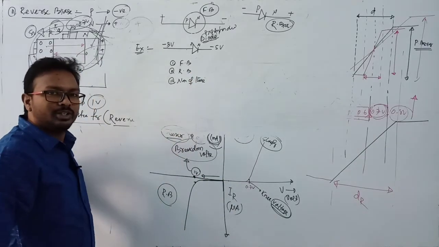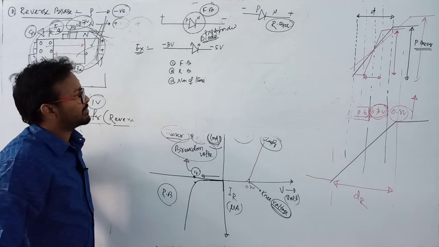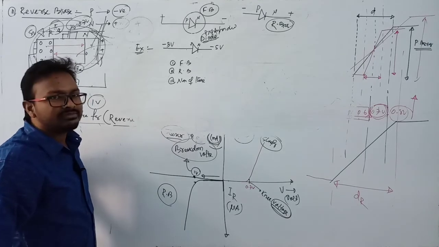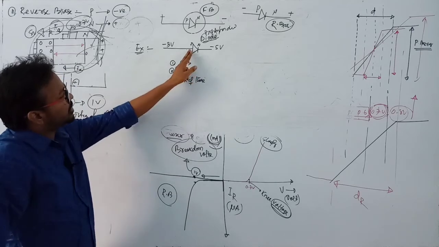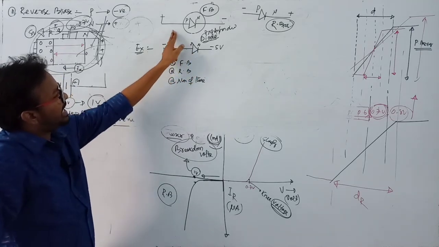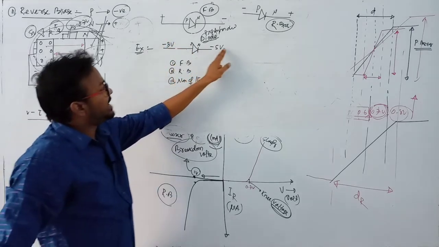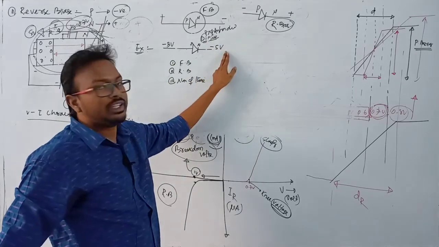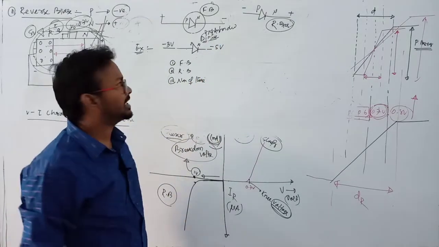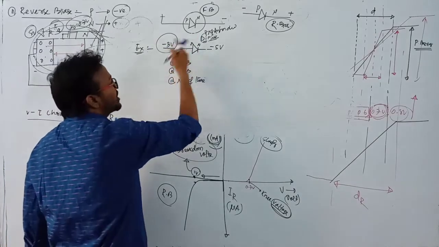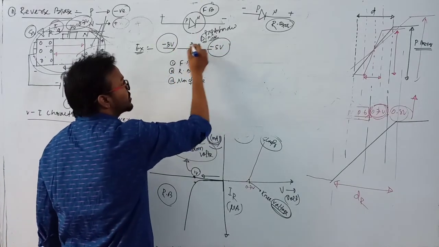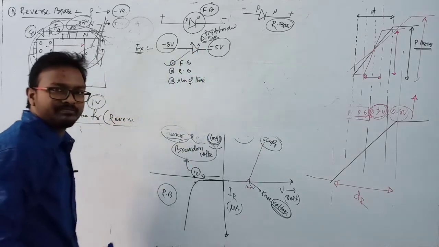Find the answer here. You can find this question in your council examination. The condition is that the P type semiconductor is always connected with higher potential and the N type semiconductor always with lower potential. So here minus 3 is greater as compared to minus 5, so this is a forward bias connection.